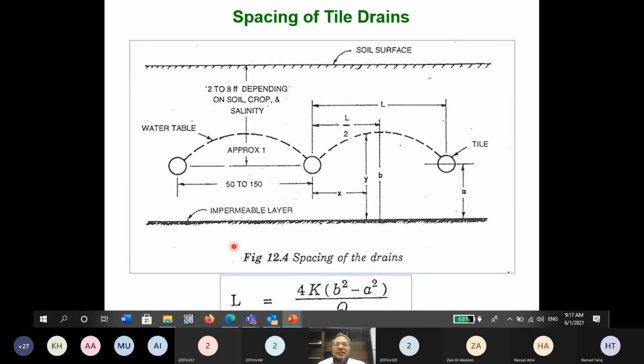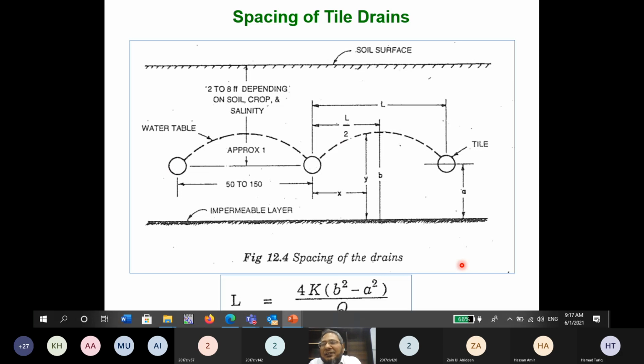So this is how you can design the spacing of the tile drains. You have computed 55 feet. A normal range is 50 to 150 feet, center to center. So this is the role of tile drains.